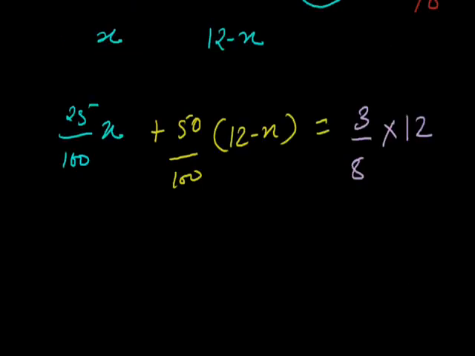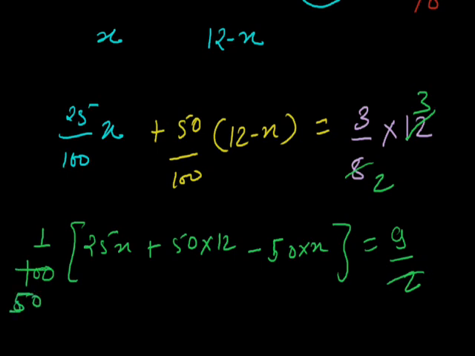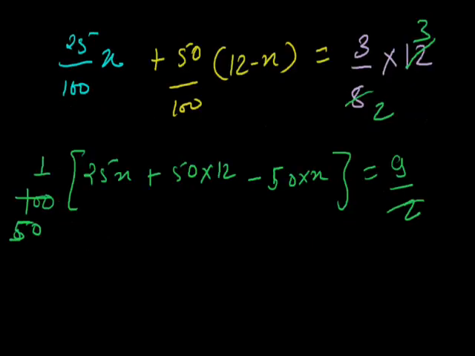Now if I solve this equation, I will take 100 common, so 25x plus 50 into (12 minus x), which will be equal to 9 by 2. If I simplify this, I cancel by 4, 4 2s are 8, and here I will cancel by 3. Now I can cancel this 2 by 100, 50 times. I will simplify this bracket and take 50 to the other side.